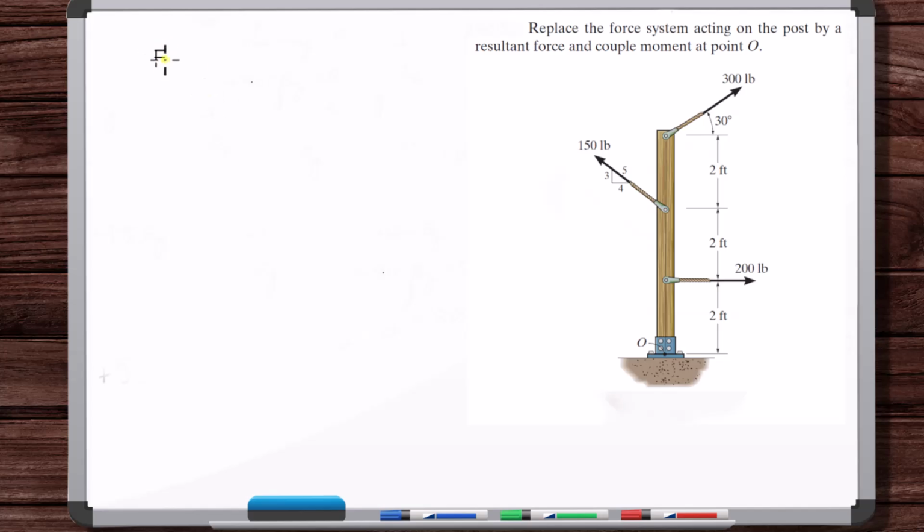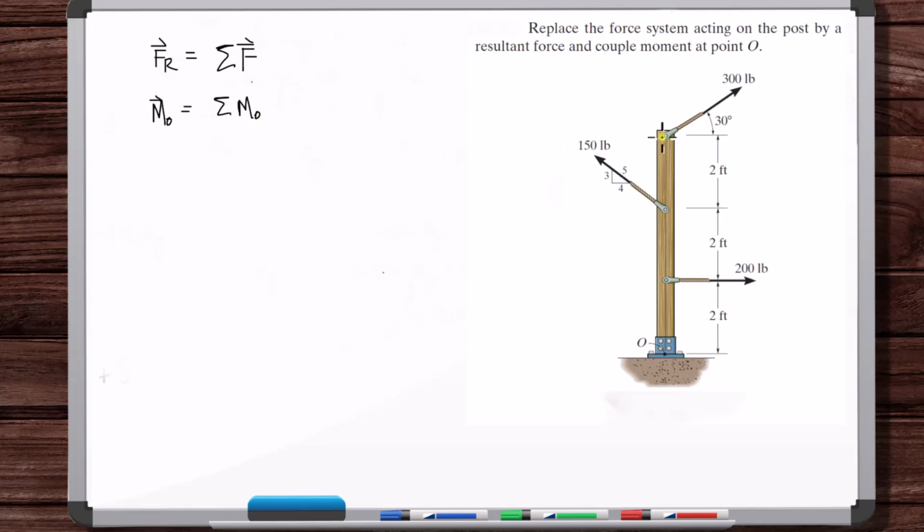When we went through the textbook, we talked about how to do this. So the resultant force, which is going to be a vector, right? The resultant force vector is just you sum all of the force vectors that you're trying to simplify. So we would sum these three force vectors. The resultant moment vector about that point, you sum all of the moments of the forces about that point.